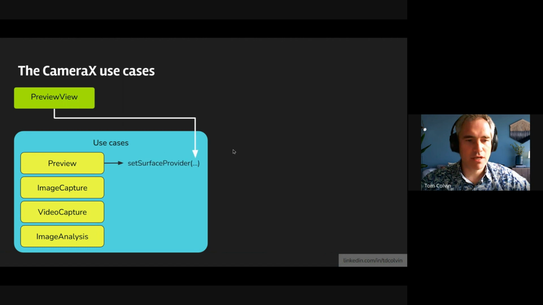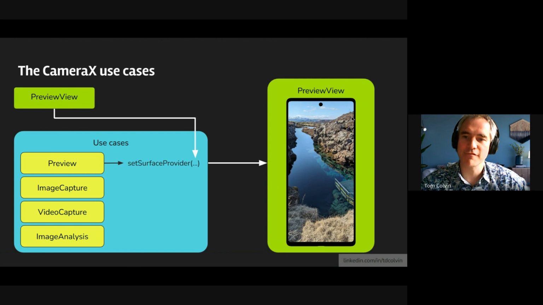Then these use cases each have their own methods. It's worth digging in a little deeper into specifically the functions that they provide, but just the very simplest parts of them. So for preview, the very simplest part is set surface provider. That sets which preview view the preview use case is going to deliver its camera data to, and what you get is a filled-in preview view, just like that.